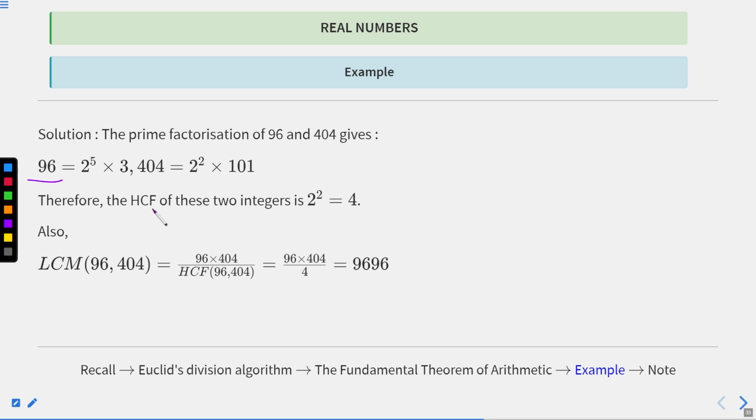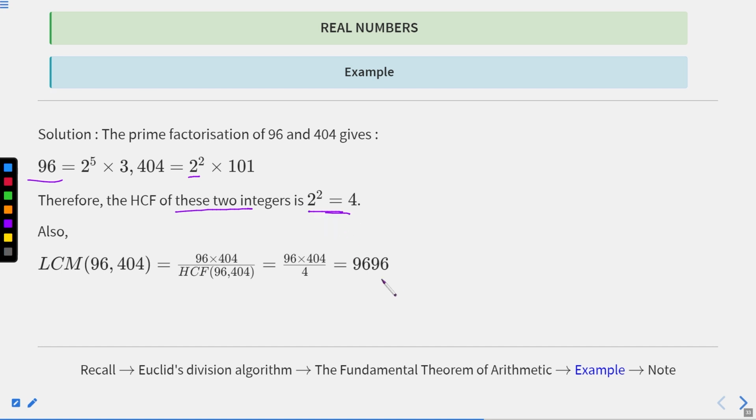Therefore the HCF of these two numbers is the product of the lowest power of the common prime factors in both numbers. The common prime factor is 2, and the lowest power of 2 is 2. So the HCF of the two positive integers is 2 squared, which is equal to 4.